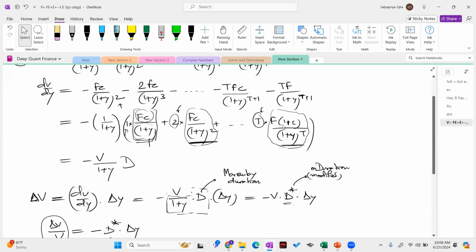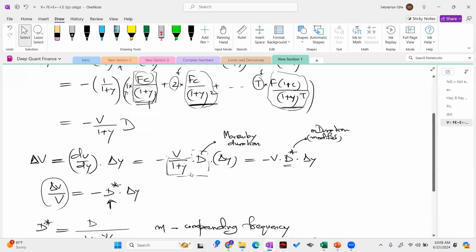So let's say if it's a 10-year bond, your duration would be like 7 years or 7.2, something like that. And then in the expression of delta V, D appears divided by 1 plus Y. So we are calling D divided by 1 plus Y as D star. But inside of D, all the time and weighting and everything is captured.